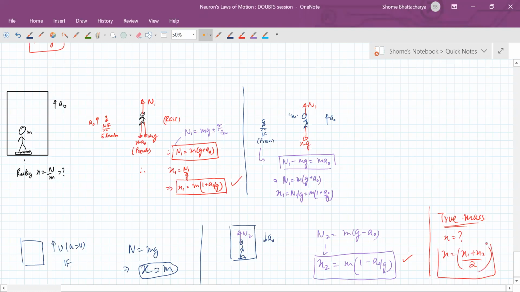So while accelerating upwards, if it's measuring 72 kgs, while accelerating downwards, or while decelerating while going upwards, it's measuring some different thing. So if these two are 72 and 60, then the true mass, or the true weight, mass converted to weight later, will become the average of 72 and 60.